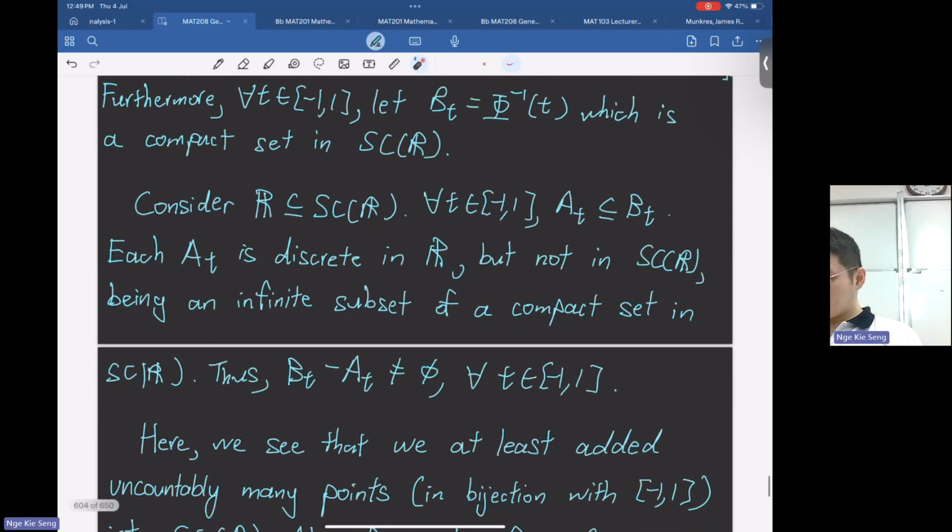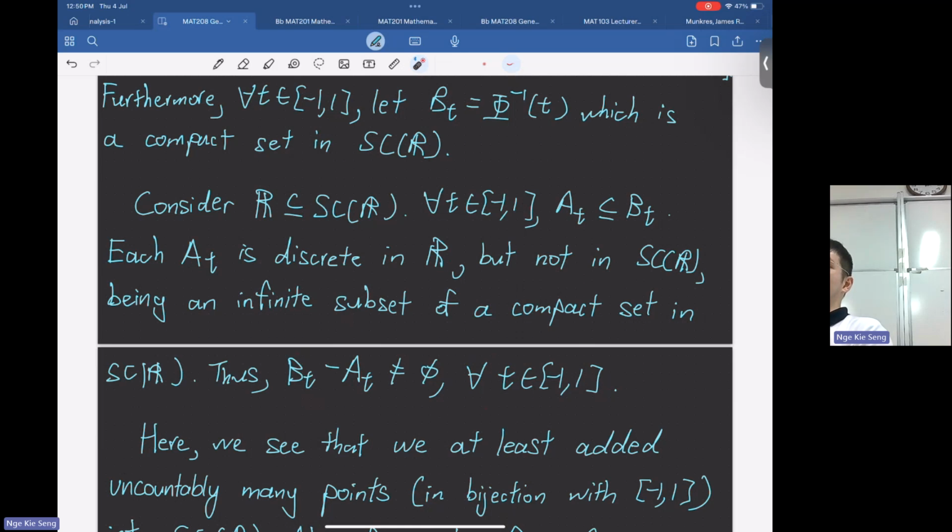And what else? BT minus AT should be non-empty, for every T. But you see, how many T are inside this region here? Uncountably many. So you have at least already added uncountably many points into your original space.